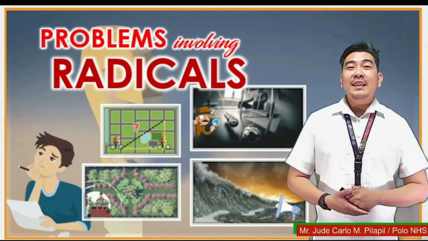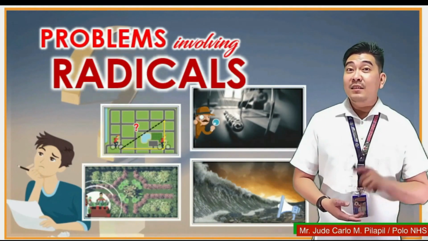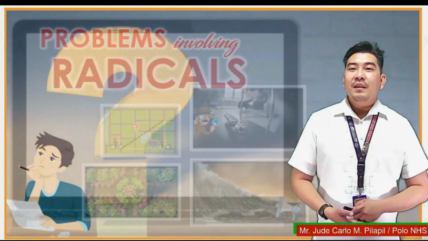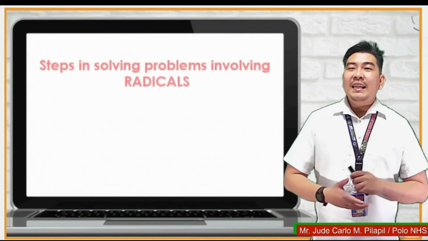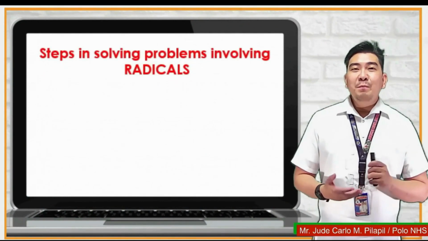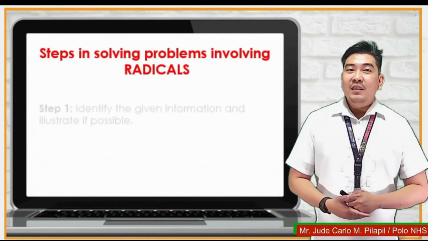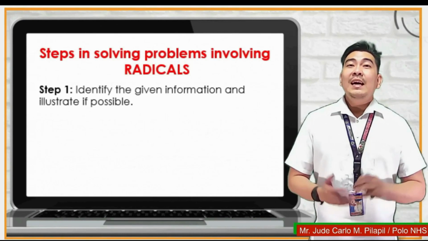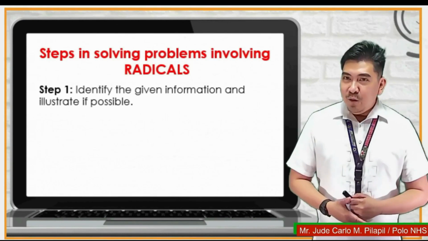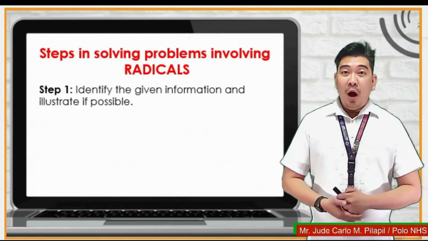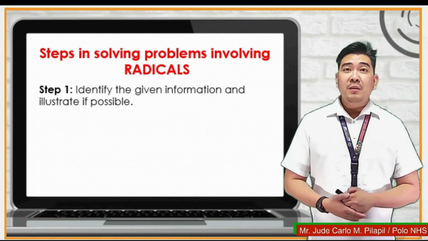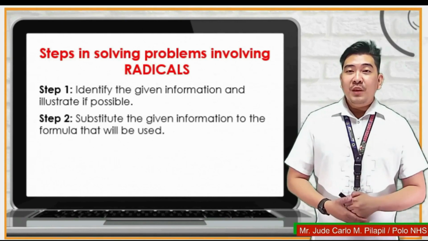For us to be guided in solving problems involving radicals systematically, after reading and analyzing the problem, we will be following these steps. Step number 1. Identify the given information and illustrate the problem if it is possible. Step number 2.